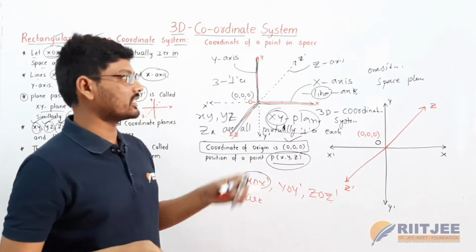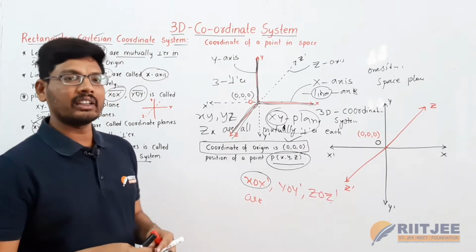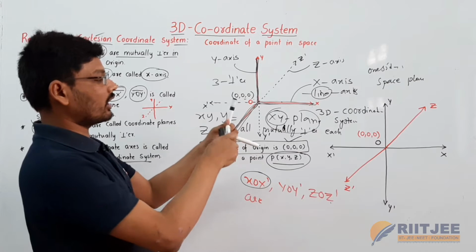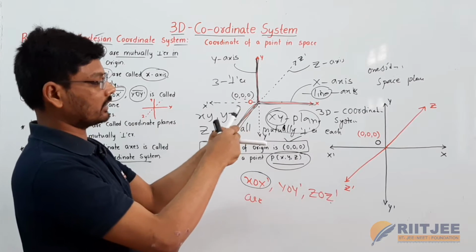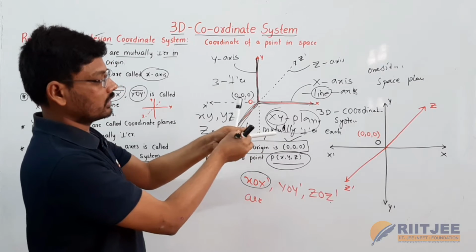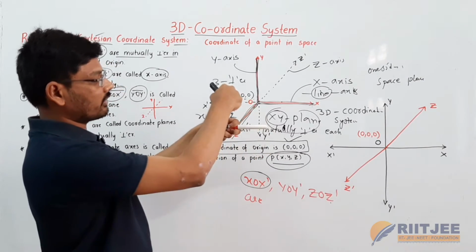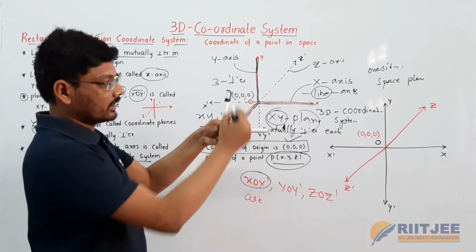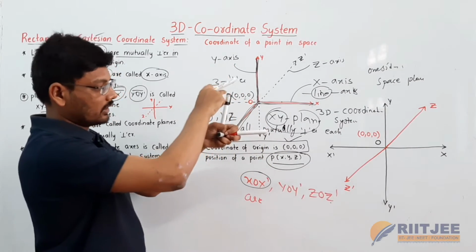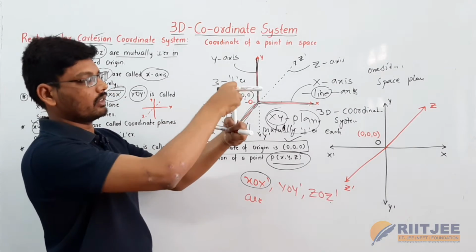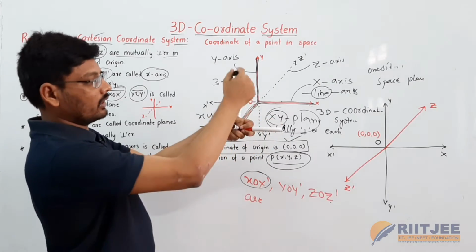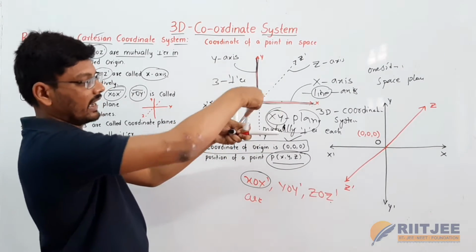If you look at this one, this is the x axis, this is the y axis, this is the z axis. This is the xy plane, and if you turn like this, it is the yz plane, and if you turn like this, it is the xz plane. xy, yz and zx planes.